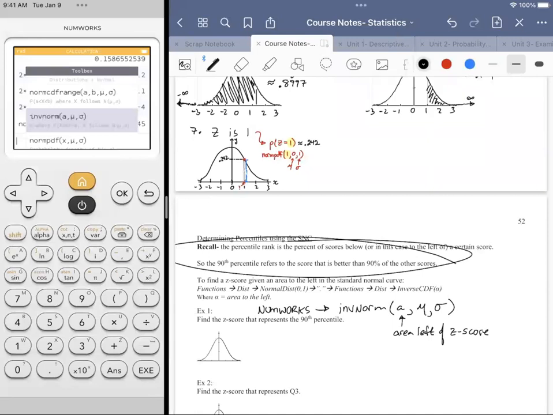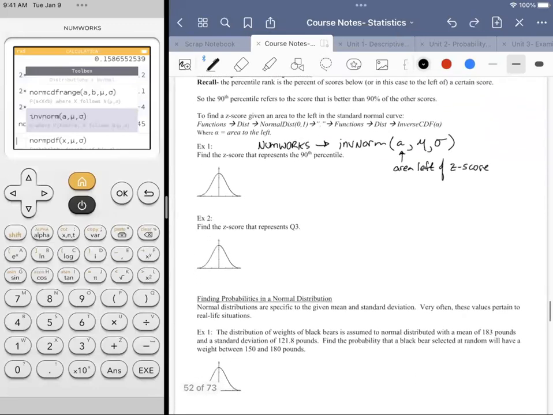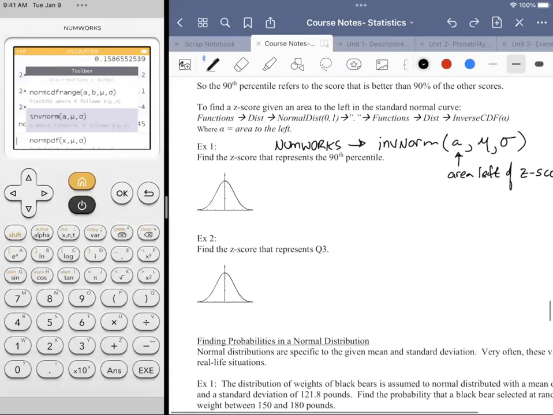So when I say I'm looking for the 90th percentile, I'm looking for the score that has 90% of the other data below it. So I just shaded what I thought was about 90% of the graph, starting on the left. This is about 90%. I'll write it as 0.9. I'm looking for what Z is going to be equal to.